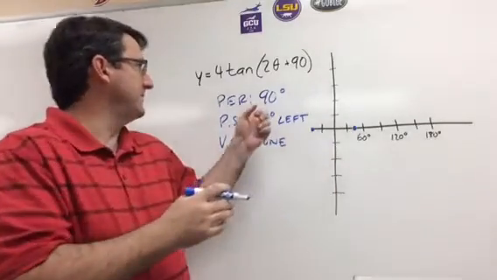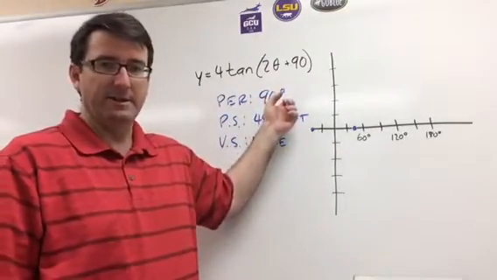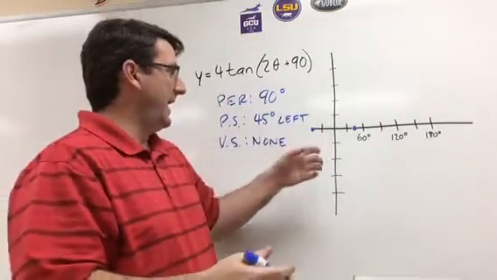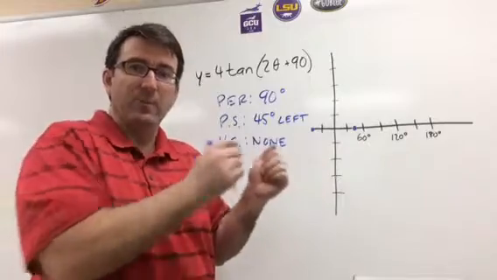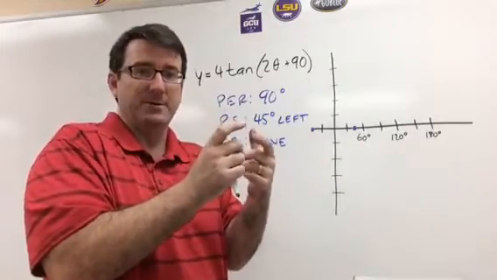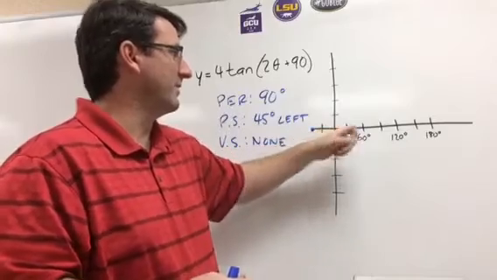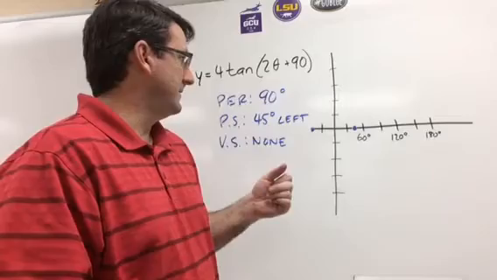Since the asymptotes are going to happen once every period, and the period is 90 degrees, we're going to have an asymptote every 90 degrees. And this center point is right in the middle of two asymptotes. So to find this first asymptote, we're going to start at this center point and go half of a period to the left.